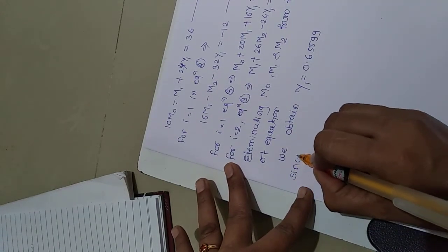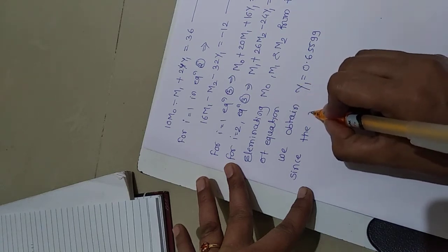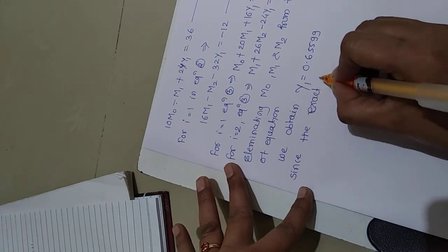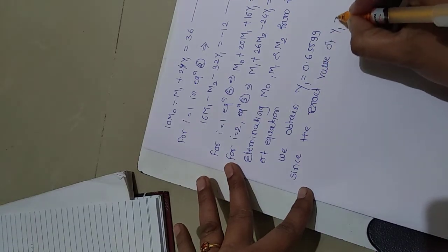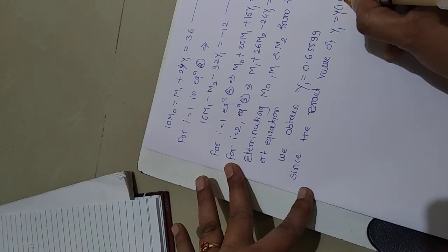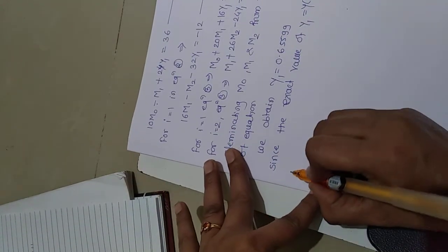Since the exact value of y1 is equal to y of 1.5, that is equal to 2/3.